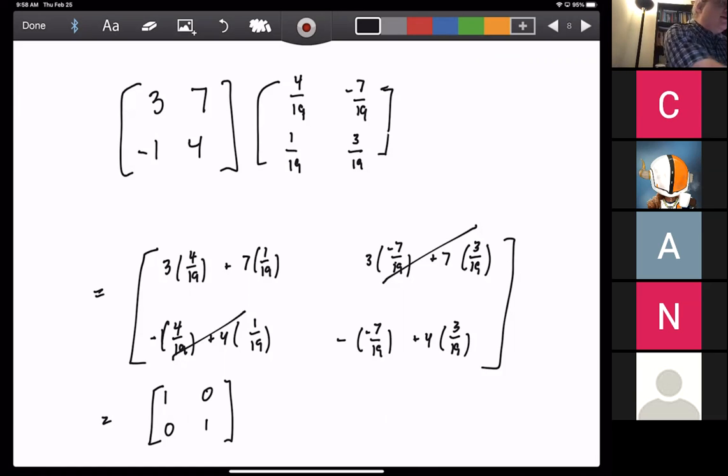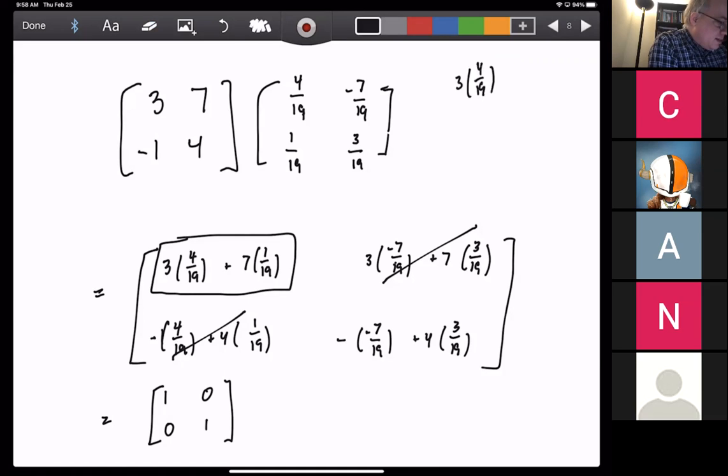Can you explain how you got those ones again? I'm just simplifying this arithmetic expression. So 3 times 4/19 plus 7 times 1/19. That's 12/19 plus 7/19, or 19/19, which is 1.